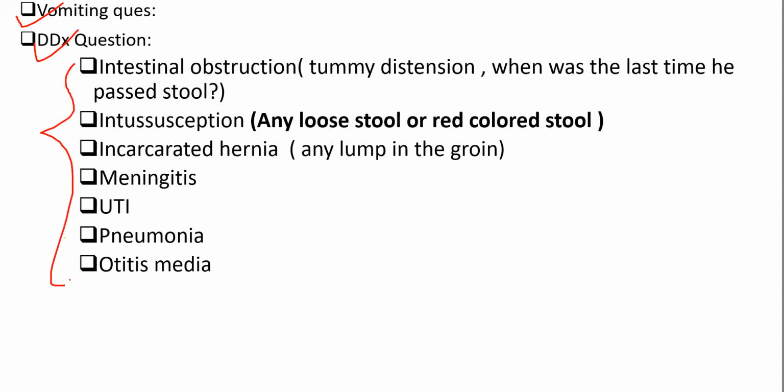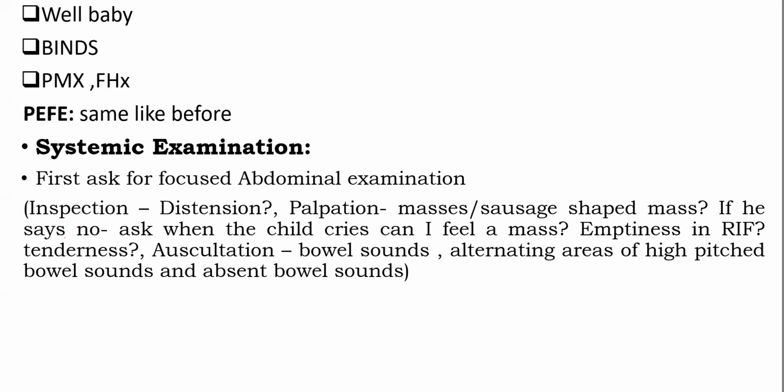You will find out that in intussusception, it will be a bilious vomiting, so greenish vomiting. Sometimes they also have a loose stool, which is that red currant jelly-like stool. So many times in intussusception, there will be a loose stool or a red color stool. The parents can complain. Okay, and other questions are all the same as before.